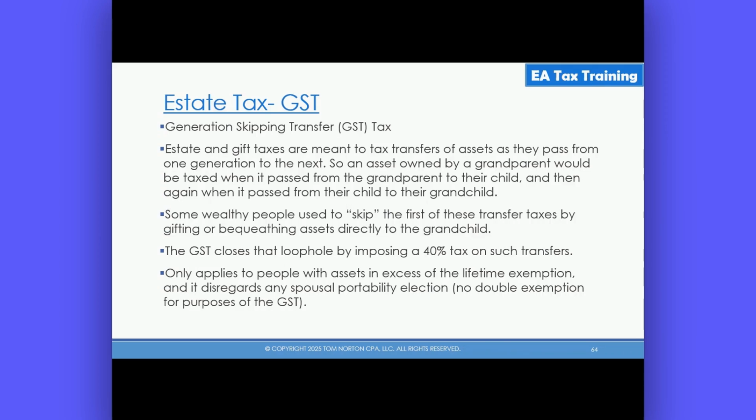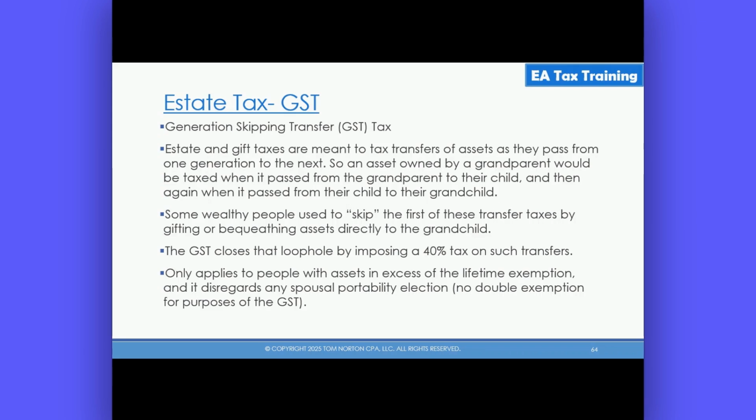The generation skipping transfer tax, or GST. So estate and gift taxes are meant to tax transfers of assets as they pass from one generation to the next. So an asset that's owned by a grandparent would be taxed when it's passed to their child. And then when their child passes it on to their child, so to the grandchild of the first person, then it would be taxed again.